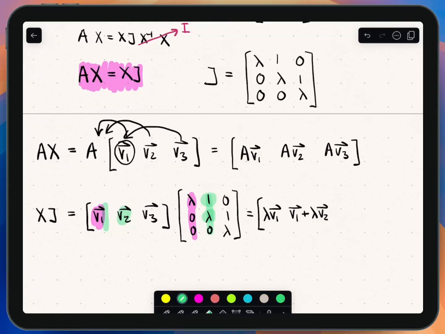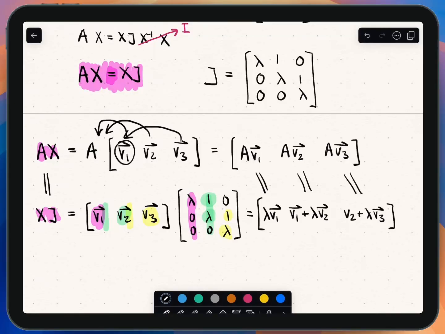Finally, we have the third column, where the 1 corresponds to the middle column V2, and then the lambda with V3. So here, we're going to have V2 plus lambda V3. And now, because these things are equal, I can also set these equality signs for all the columns.